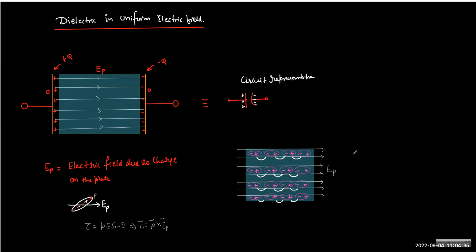So the arrow sign of minus and plus is representing compensated charges. So this is called the compensated charges.